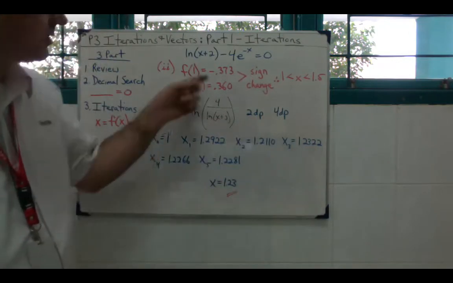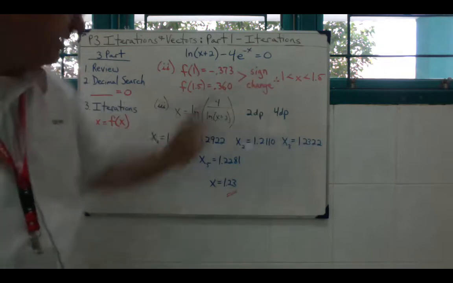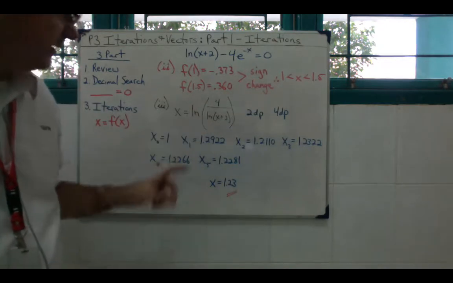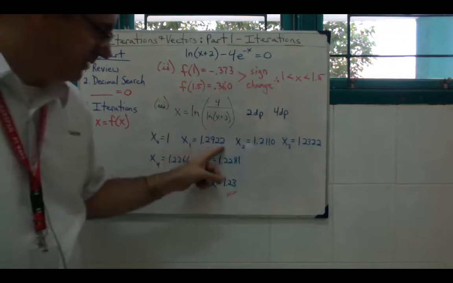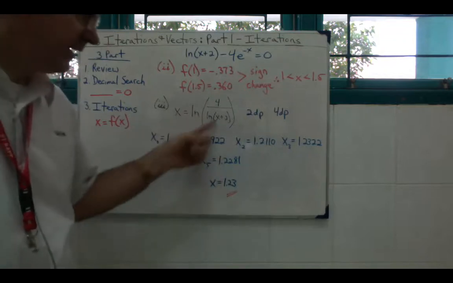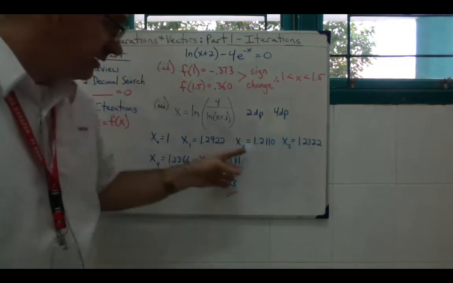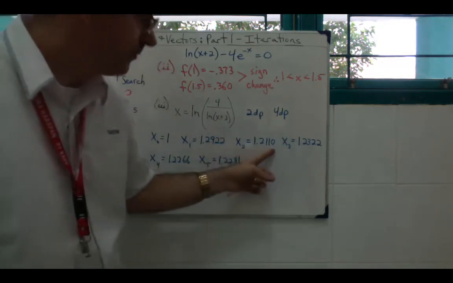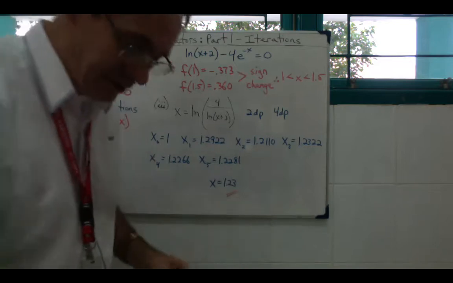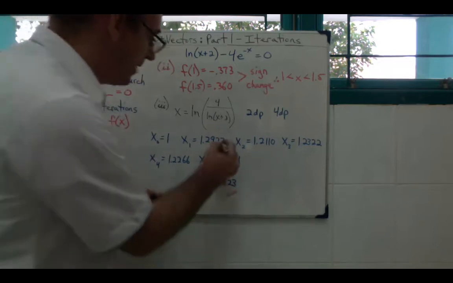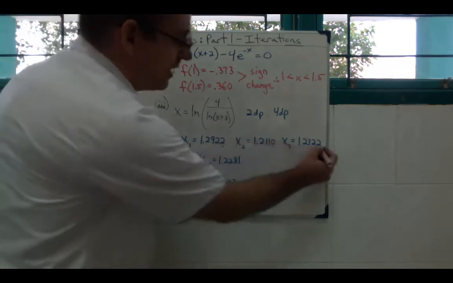So we're going to start at the lower end, which is 1. You plug that in and you get 1.2922. Plug that in again, or just change it to answer. Click your calculator, the equal sign, and you get 1.2110. Again, make sure that you are rounding that 4th decimal point.